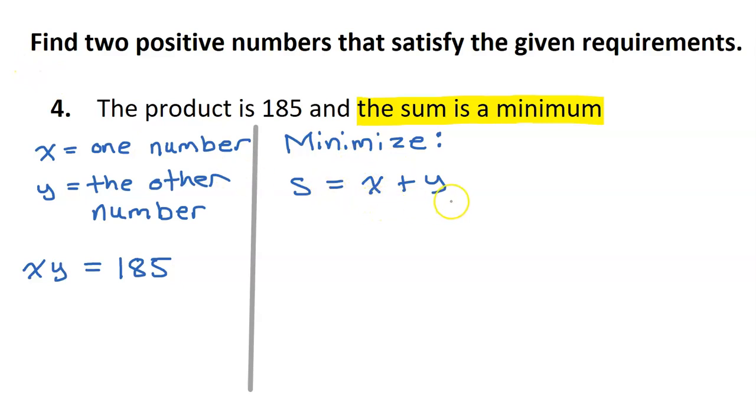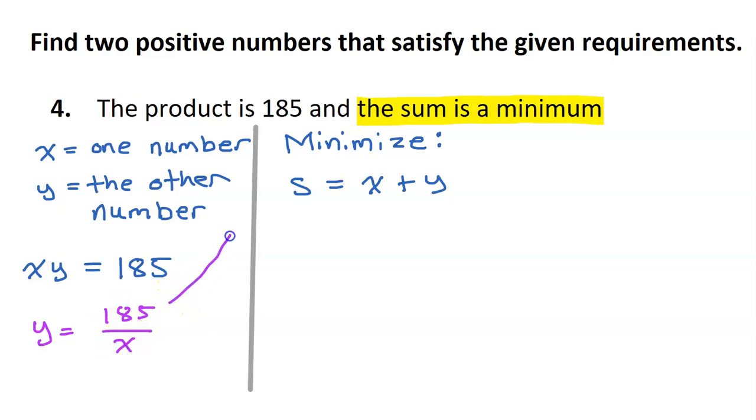Right now this sum has two variables to it. I'd like to get this down to a single variable, so I need to replace one of these. Let's take this secondary equation and solve it for y. So dividing both sides by x, we get y equals 185 over x.